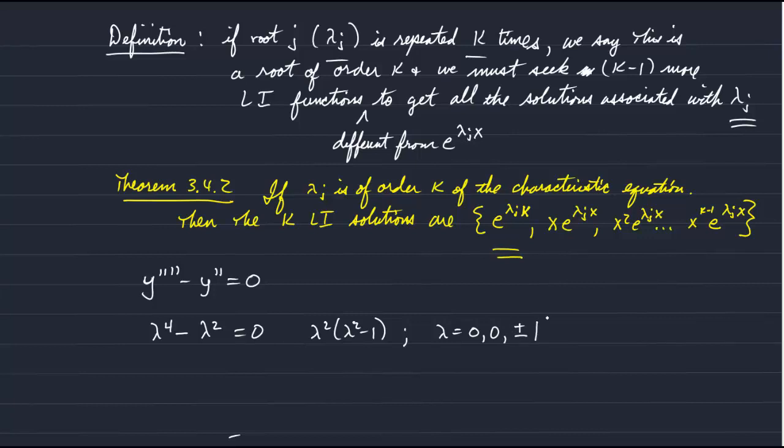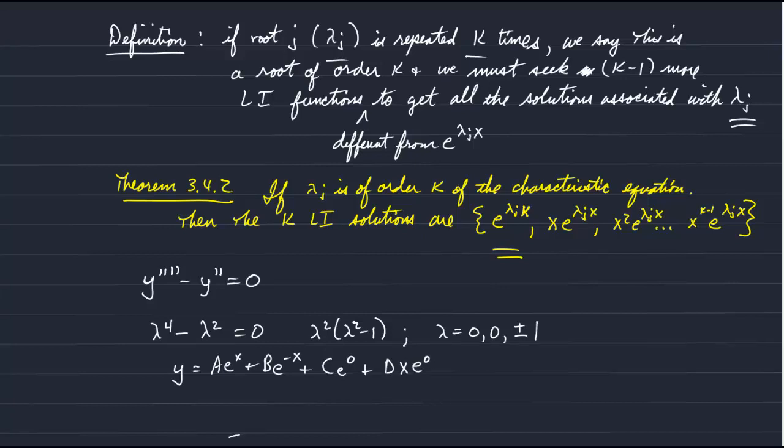So we have a repeated root at 0, and plus and minus 1. In that case, we have a e to the x plus b e to the minus x plus c e to the 0 plus dx e to the 0.